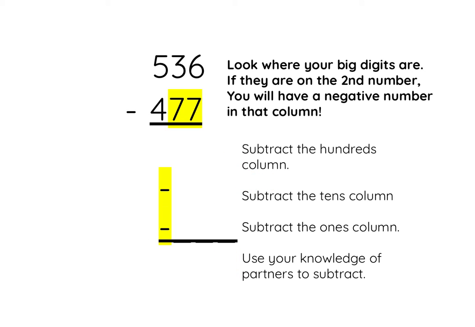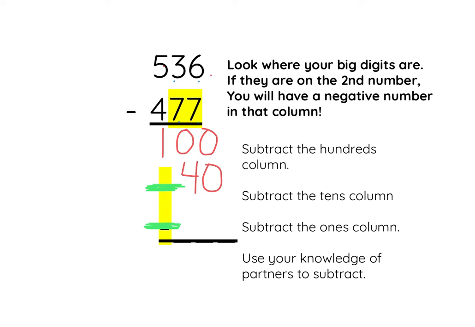All right, 536 minus 477. Notice 70 is larger than 30. 7 is larger than 6. So I've got my 2 negative signs down here. They're highlighted, so you'll pay attention to them. 500 minus 400 is a positive 100. 30 minus 70 is a negative 40.